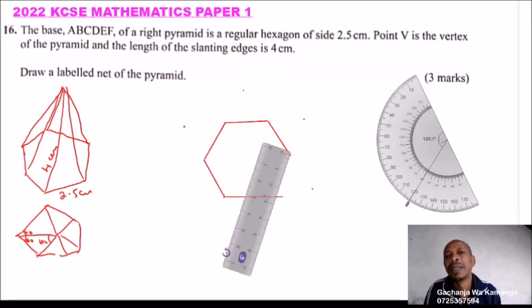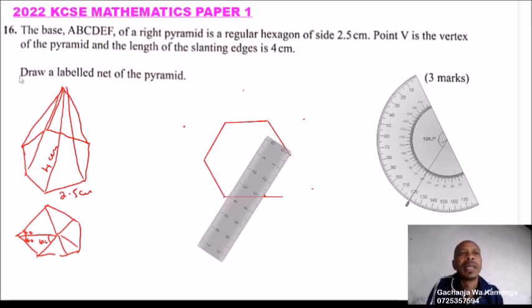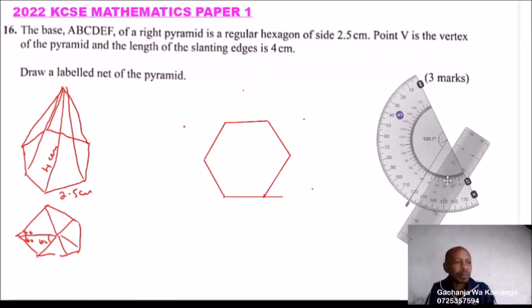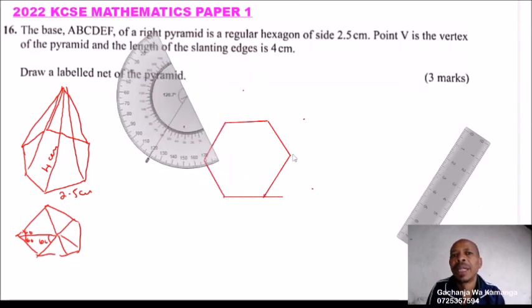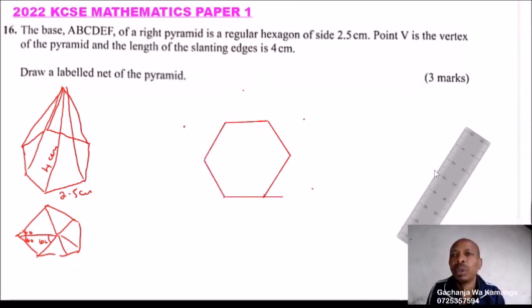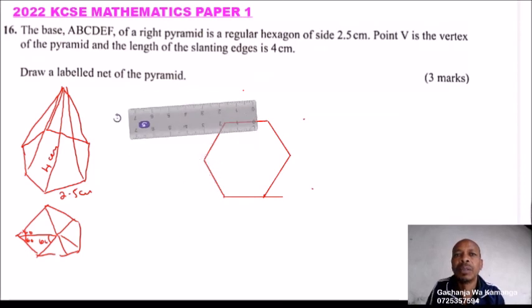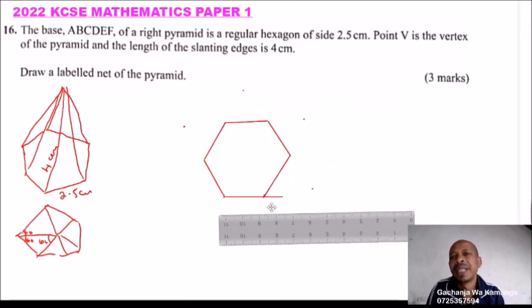So that's our hexagon. So that is our 1, 2, 3, 4, 5, 6. So that's our hexagon. So with that, we can now use a compass to draw the slanting line, that is the slanting faces.